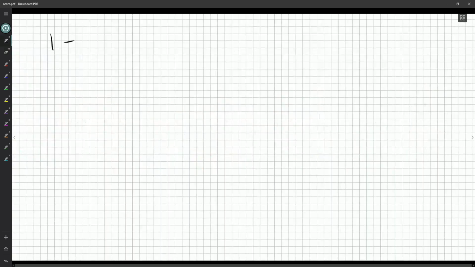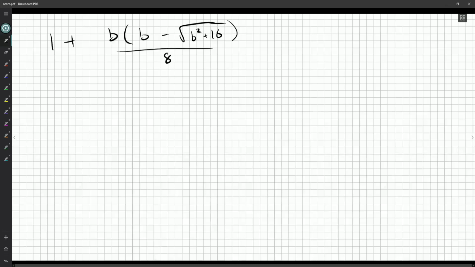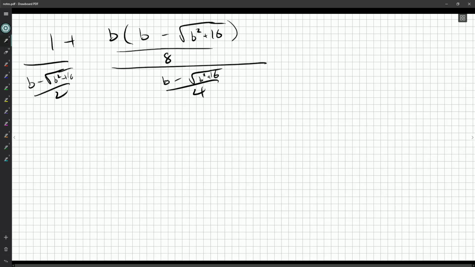So we've got 1 plus b, and then b minus the square root of b squared plus 16 all over 8 up here. I could change this to an 8 over 8. I don't think I will. I'm going to do this one over b minus the square root of b squared plus 16, because the cancellation really did work out nicely. And then this one over b minus the square root of b squared plus 16 all over 4.